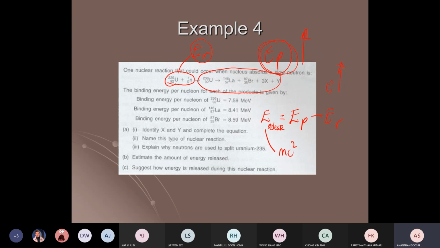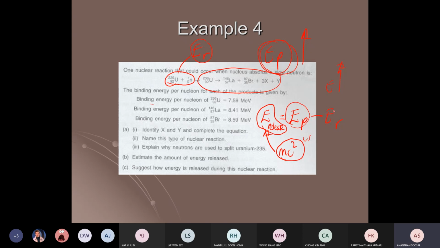So now you know there are 2 ways to calculate the energy release. One is using mc squared, if you know the mass to 6 decimal places. Or, if you have the binding energy per nucleon, find the total binding energy of the product minus the total binding energy of the reactant.